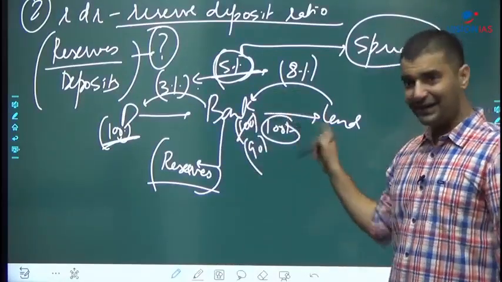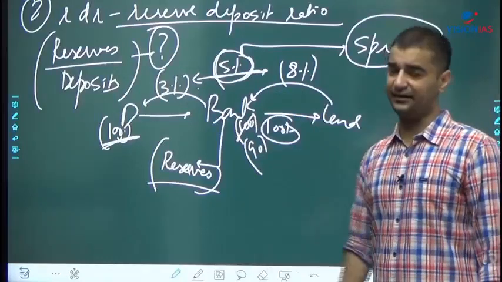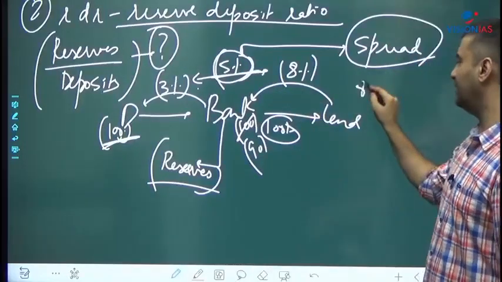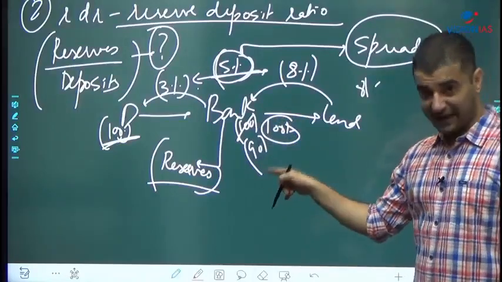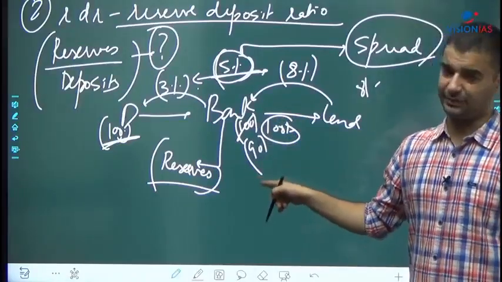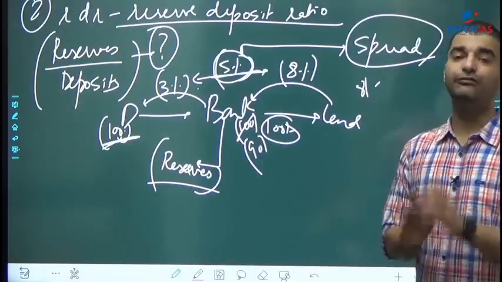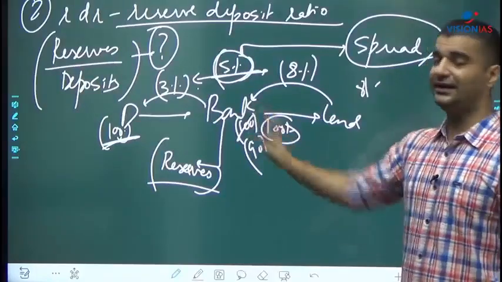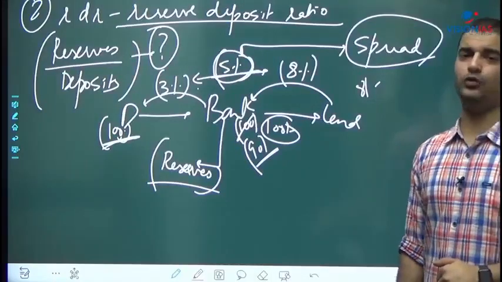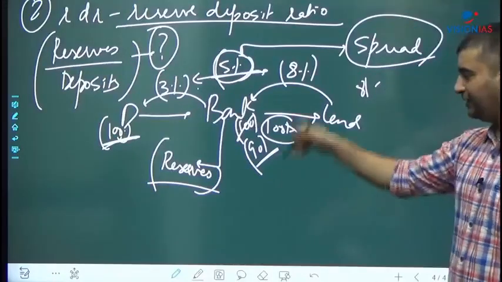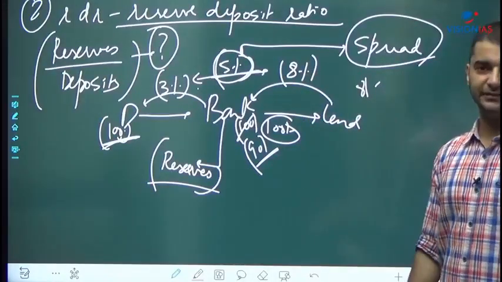अगर 100 lend करेगा बैंक, if bank lends 100, then bank will earn 8 rupees, 8% of 100. If bank lends 90, अगर बैंक 90 रुपए ही lend कर पाता है, if bank is forced to not lend entire 100 and bank is able to lend only 90, then bank will earn 8% of 90.